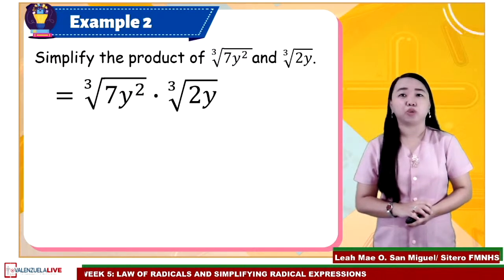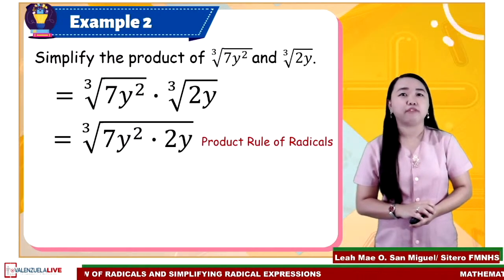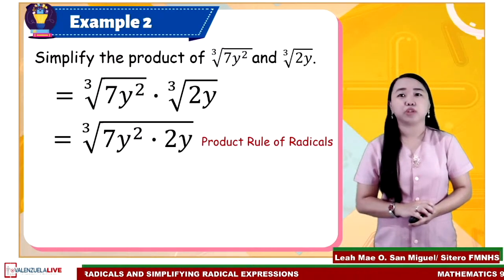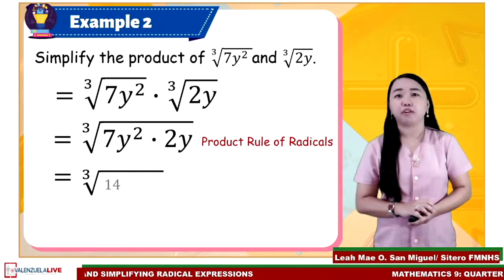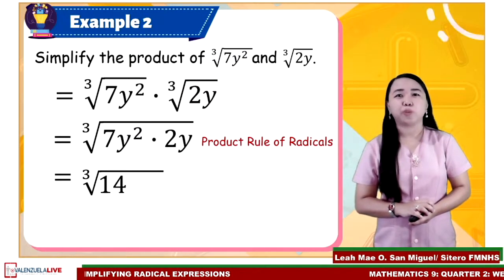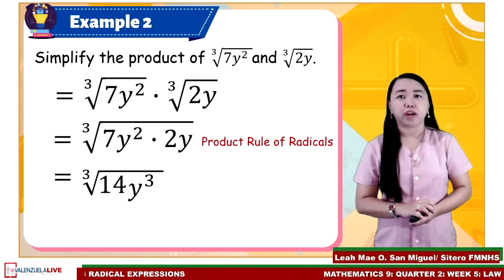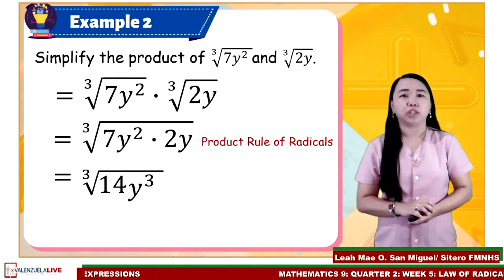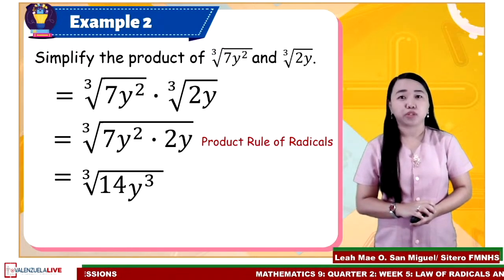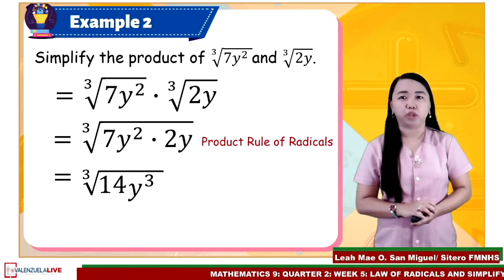Applying the product rule of radicals, we will have the cube root of 7y squared times 2y. Then, 7 times 2 is 14. y squared times y is y cubed. We add their exponents 2 and 1 by applying the product rule in the laws of exponents. So, we have the cube root of 14y cubed.